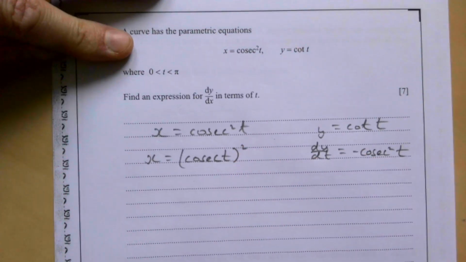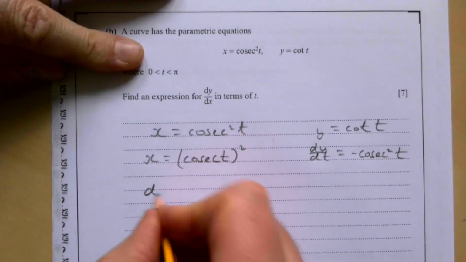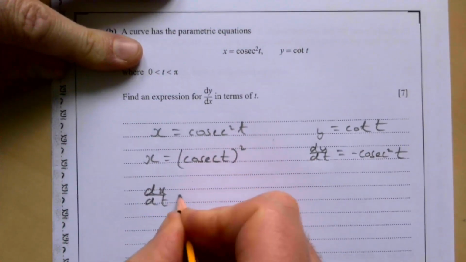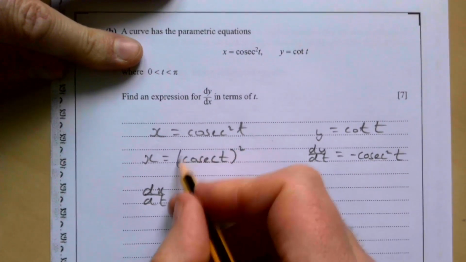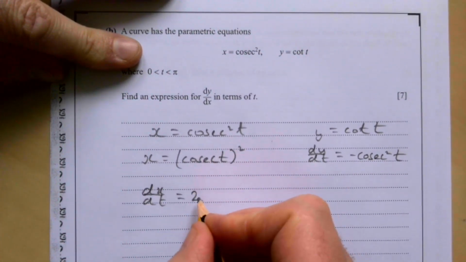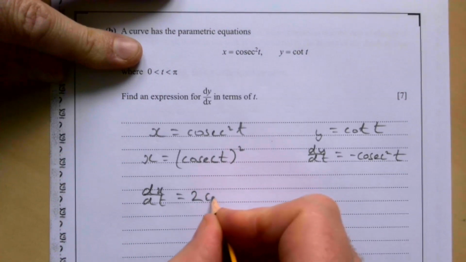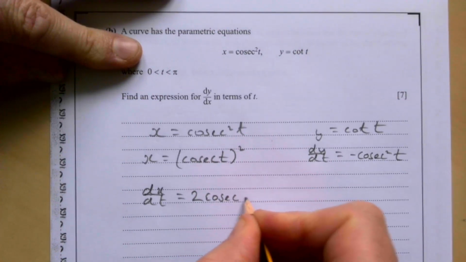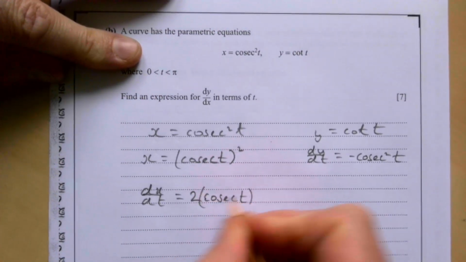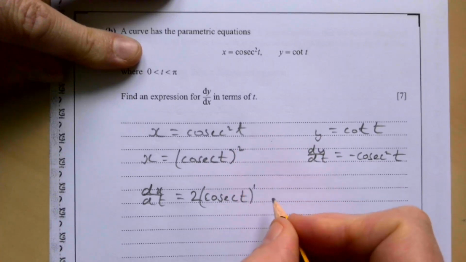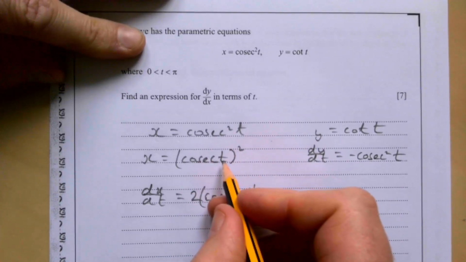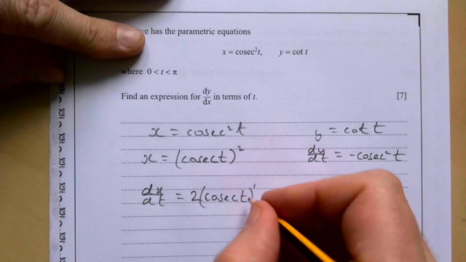For x, we have cosec t all squared. So dx by dt, this is the way I do this, I bring the 2 to the front, cosec t, take away 1 for the power, so that is the power 1, and multiply by the bracket differentiated, so it's effectively a chain rule.